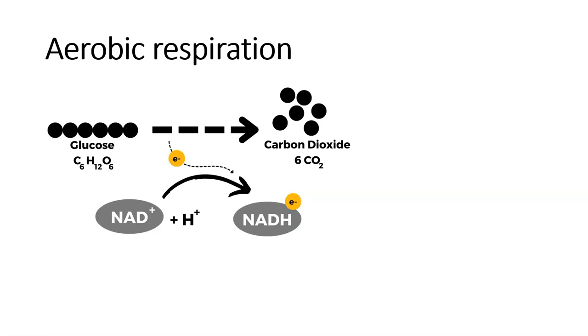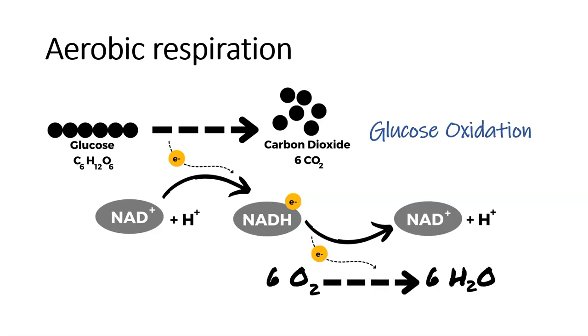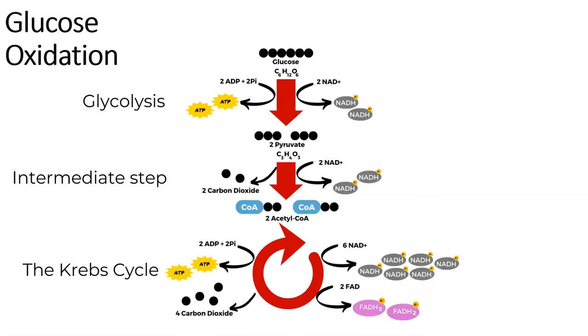Before we talk about anaerobic respiration and fermentation, let's quickly review aerobic respiration. Remember, aerobic respiration is the complete oxidation of glucose coupled to the reduction of molecular oxygen. Glucose oxidation occurs in three stages: glycolysis, the intermediate step, and the Krebs cycle.